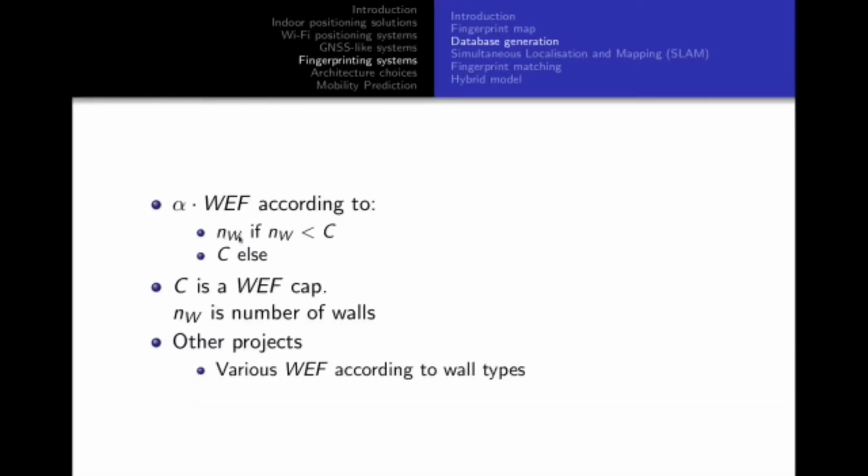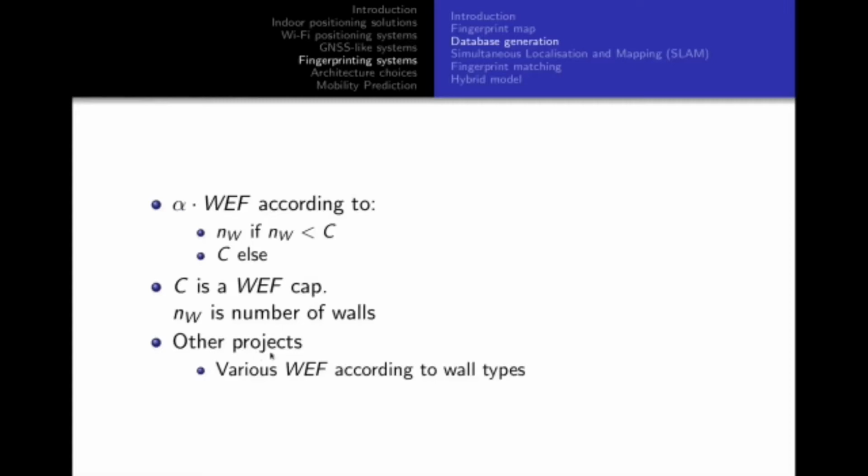It's the number of walls if the number of walls is less than threshold C, or C else. So it's somehow a wall effect factor cap, because if you have too many walls, you are at the end of the propagation of the signal, you even have no signal.